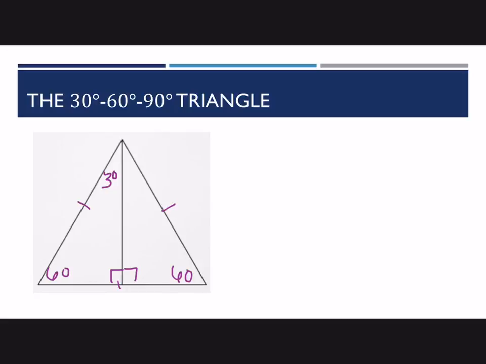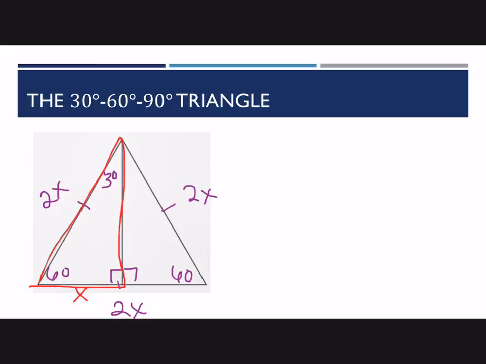So let's try to find the ratio here for those three sides. Let's call each of the sides of the larger, original triangle 2x. Then if I look at this left triangle, its side lengths would be 2x for the hypotenuse, and then x for this side.